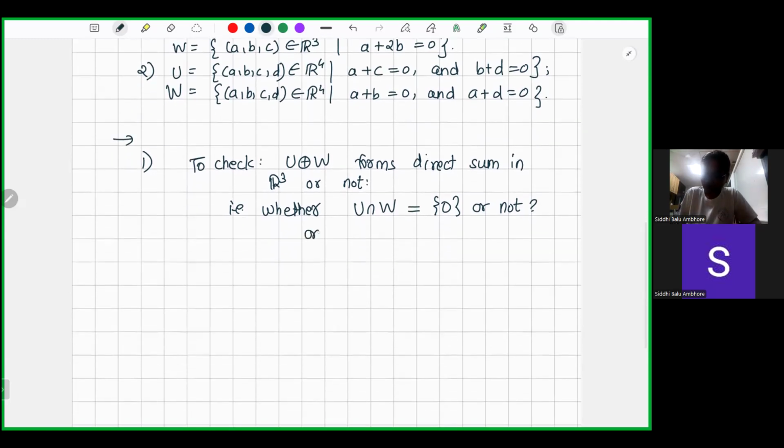Another way to check this is whether dimension of U intersection W is 0 or not.